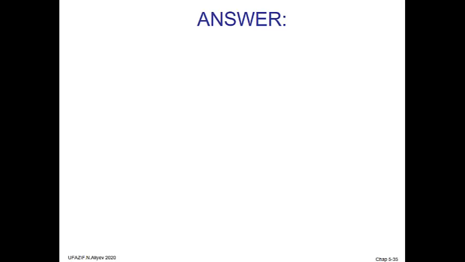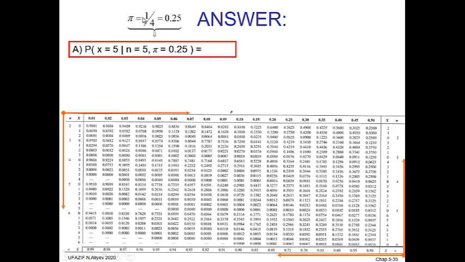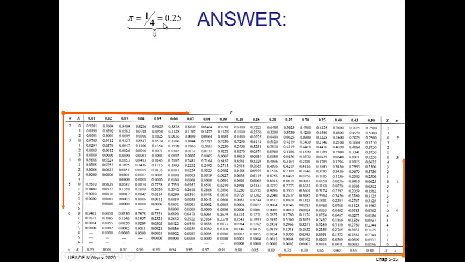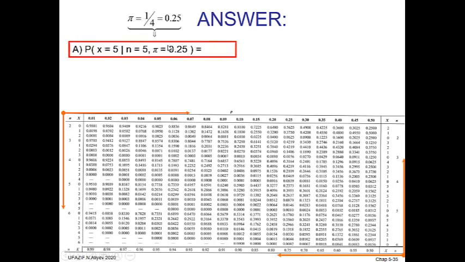We will talk about it after finishing all discrete probability distributions. Right now, for this question, we select the table method. Pi equal to 1 over 4, which represents the probability of a correct answer. N equal to 5, so we can select N5 here, and probability 0.25, which is located here.